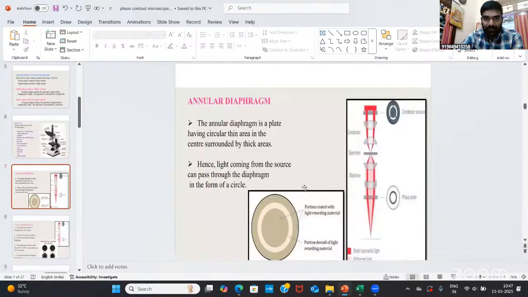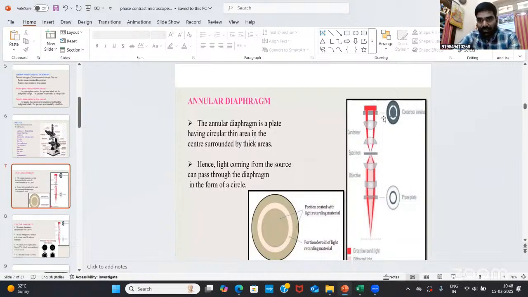This phase contrast microscope, annular diaphragm. If you see the annular diaphragm, it is a plate having a circular thin area in the center surrounded by thick areas. Okay, this is the condenser annulus.